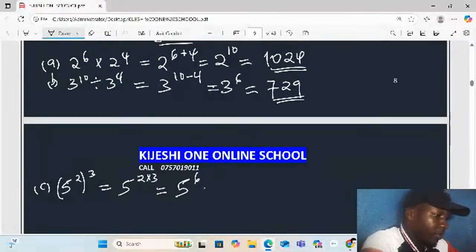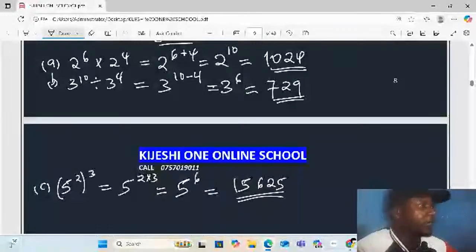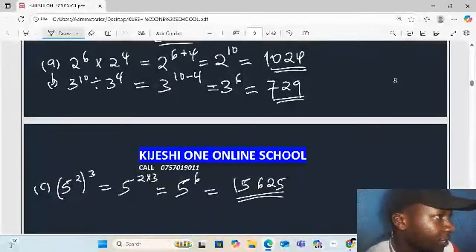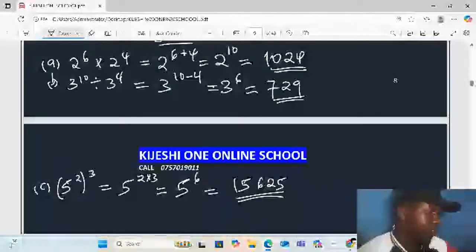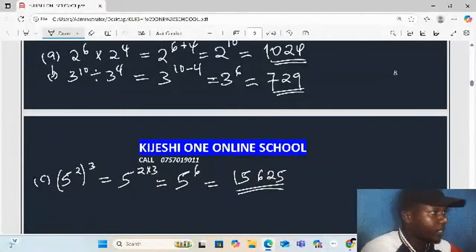And 5 power 6, you are going to get your answer as 15,625. So that is how we arrive at those answers. So you can see how the workings are easy.